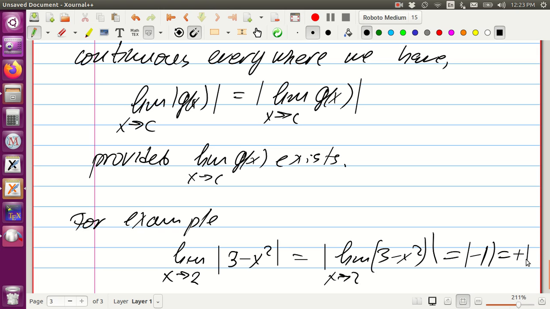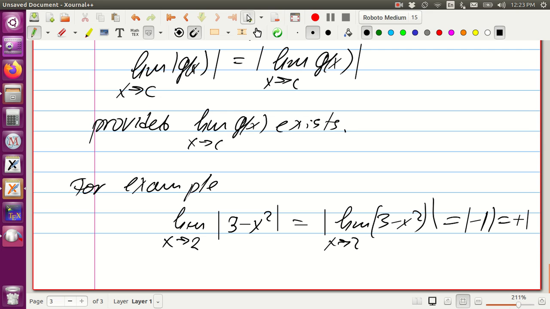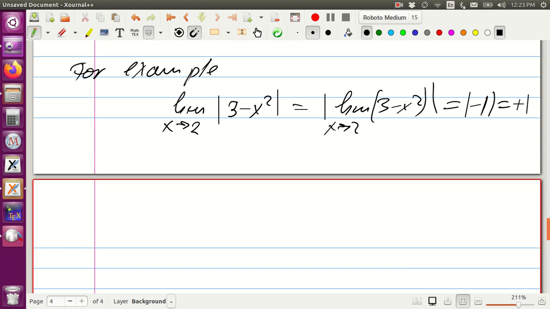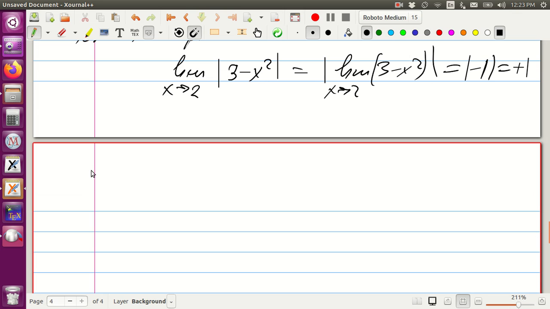And the last theorem for this continuity piece is this one.